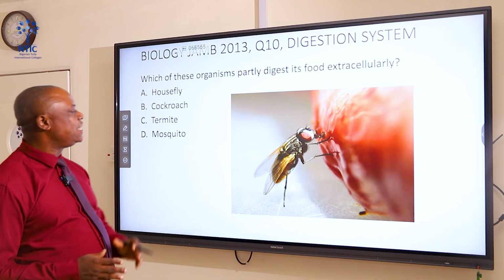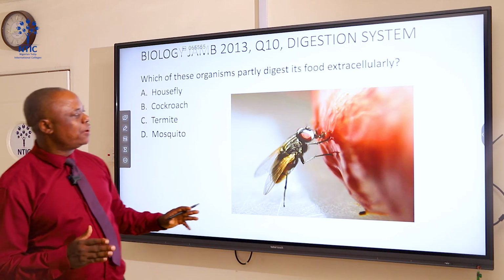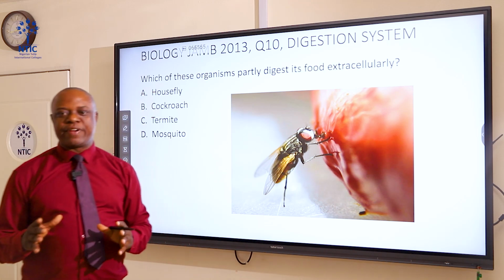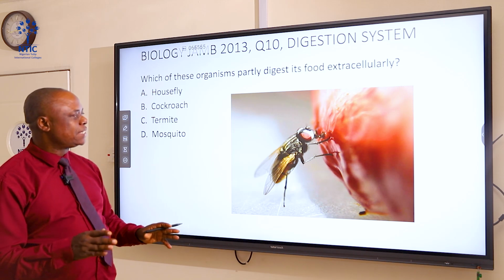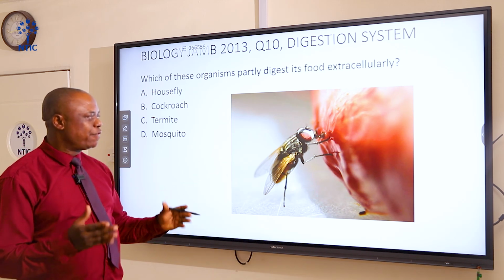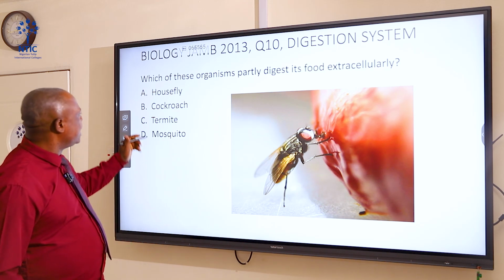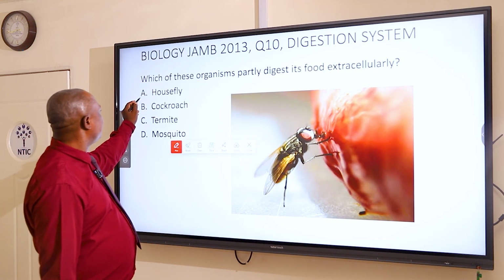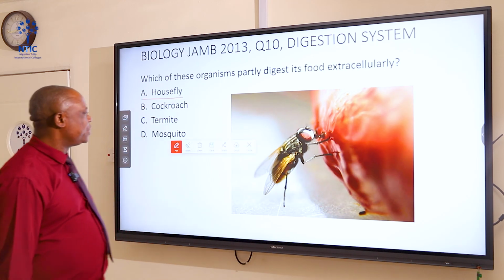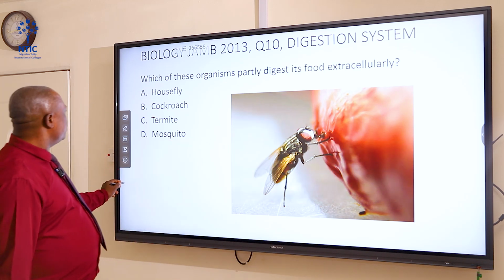What happens here is that the housefly will first release a fluid solvent to dissolve the food material before it begins to take it in. So the answer to this question is option A, the housefly. Let's move to the next.